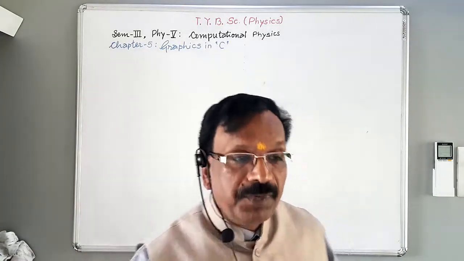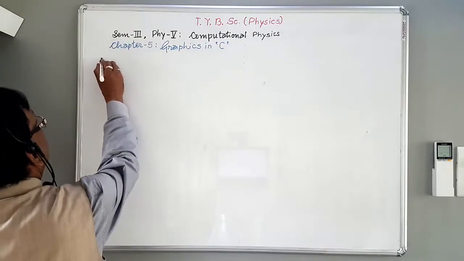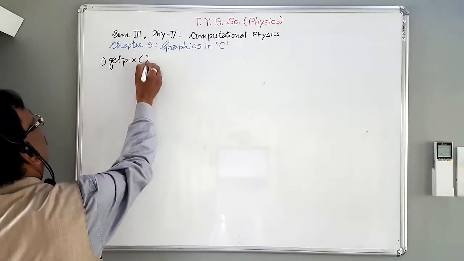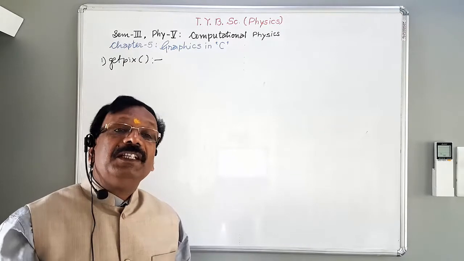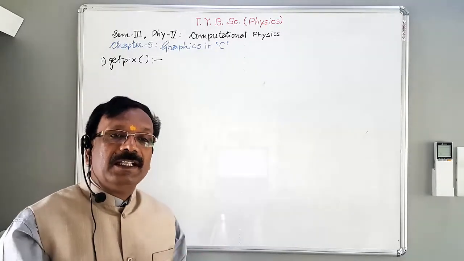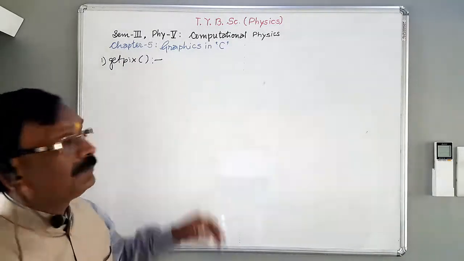Okay. So, the first command is getpixel. There are near about 16 to 17 important commands which we are going to study in detail. First command is getpixel.